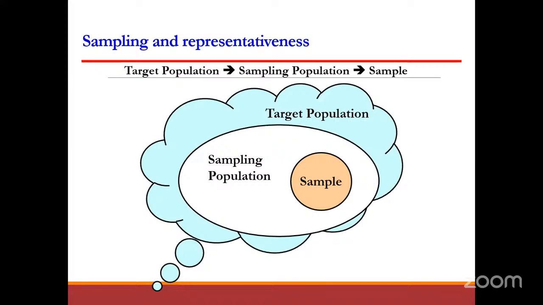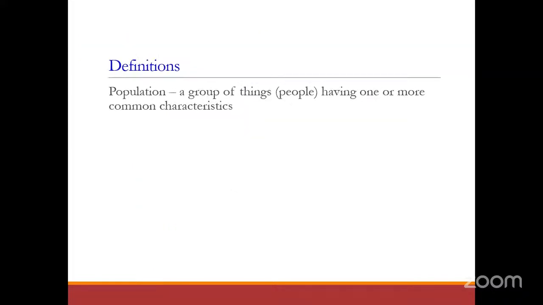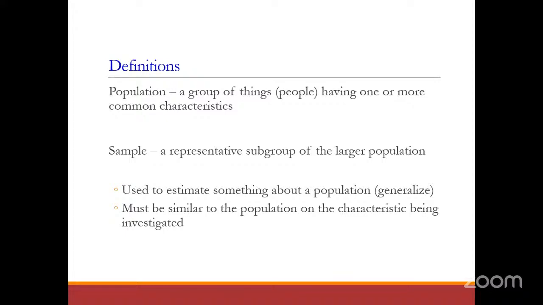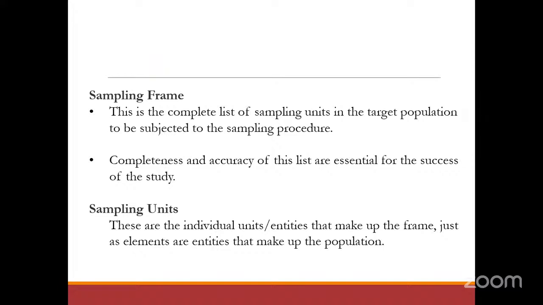From this framed population we will take a sample, and based on this sampled population we will take information, and based on this information we will infer or interpret the situation of what is going on in that place. So there is no need to define the population; everyone knows. And sample, I have told, is a representative group of the larger population so that we can generalize the situation. So what is a sampling frame?